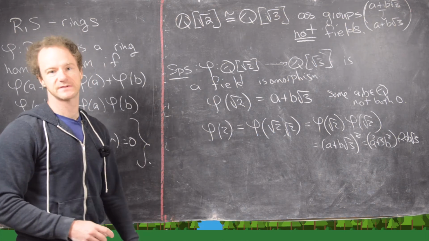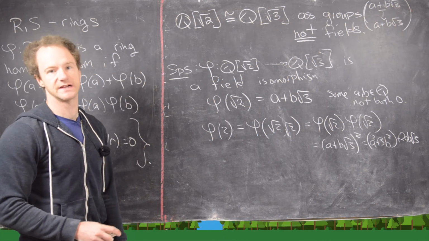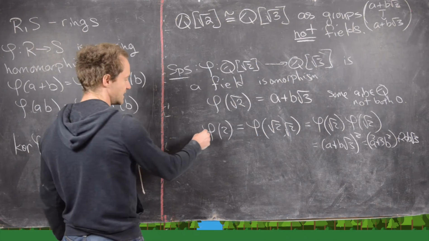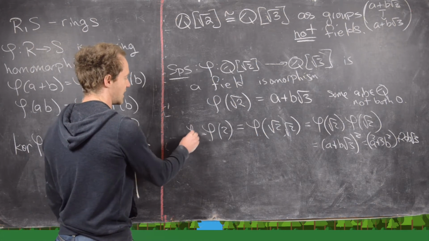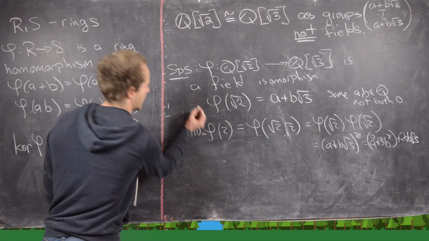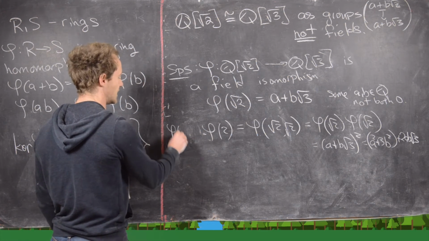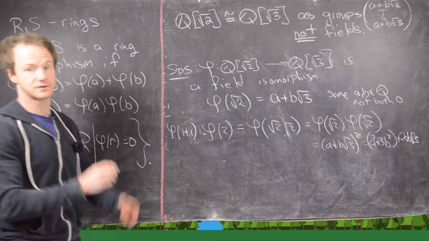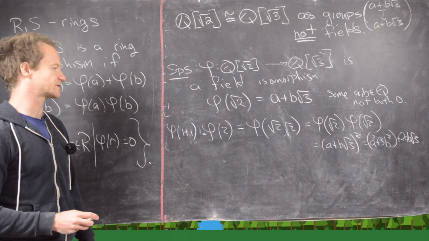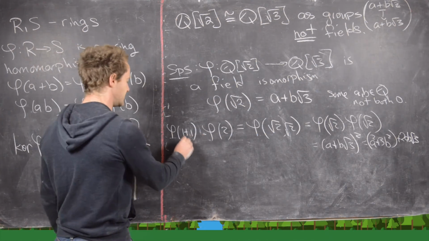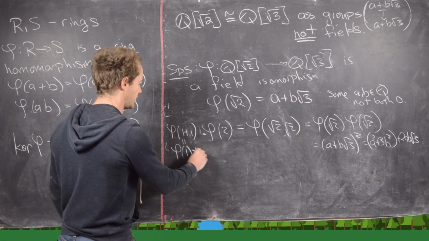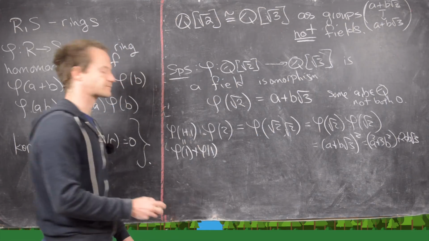And now we want to do some simplification over on this side as well. So notice this is going to be equal to phi of 1 plus 1. So 2 is obviously equal to 1 plus 1. But now that's going to be the same thing as phi of 1 plus phi of 1.